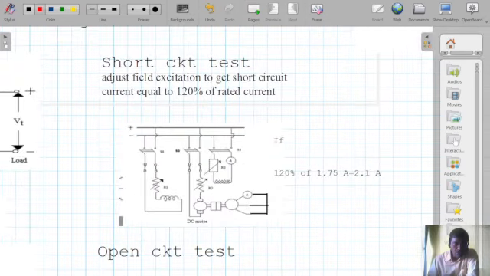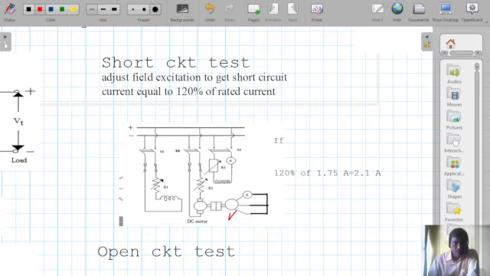One is the short circuit test, where this alternator is run at its synchronous speed, that is 1500 rpm, and its output is being shorted with the help of an ammeter.